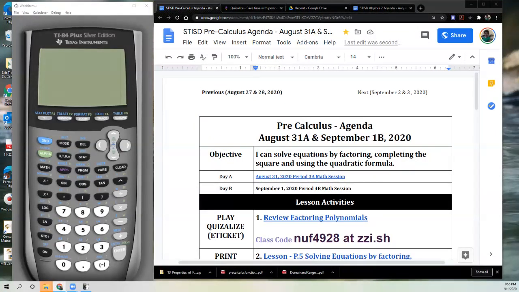You've got to post your name on the attendance document and also on the group chat. Thank you. I'll send the link again.